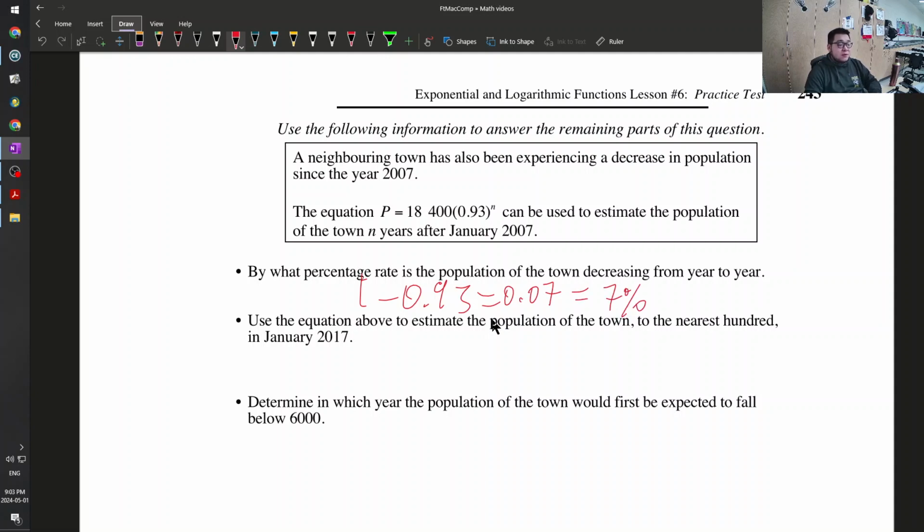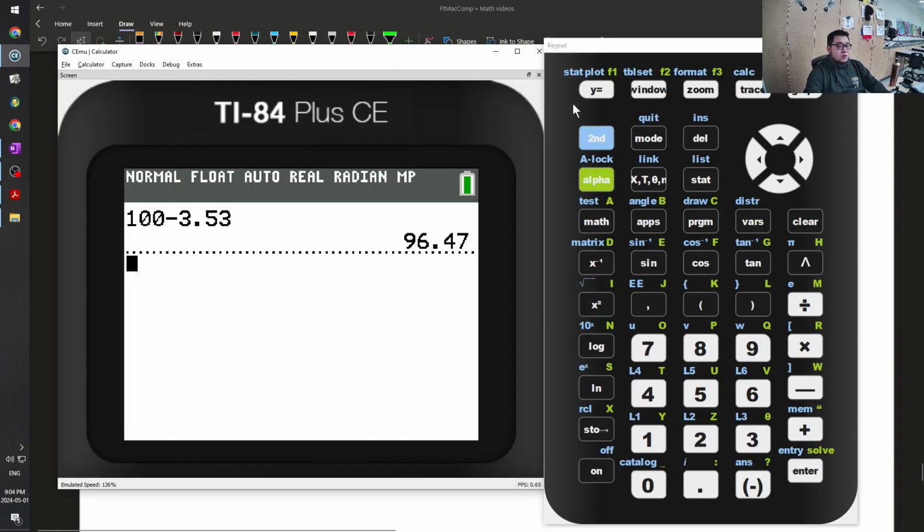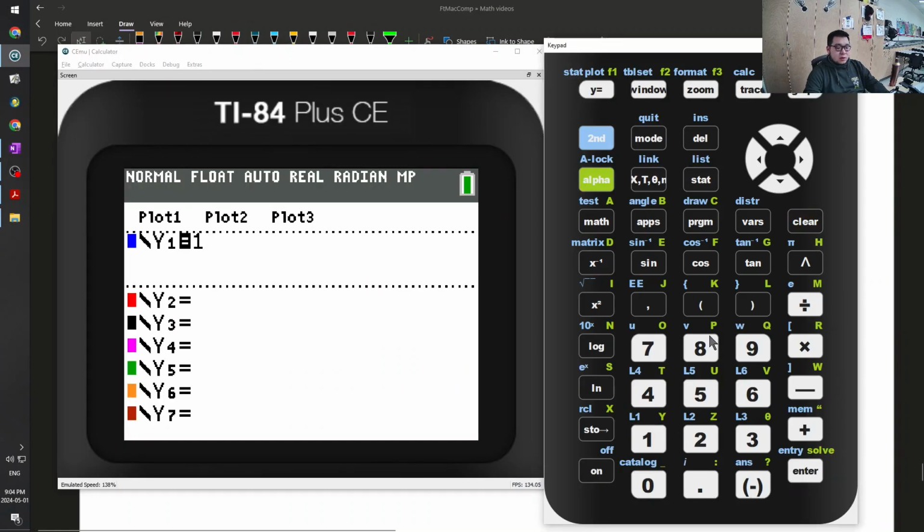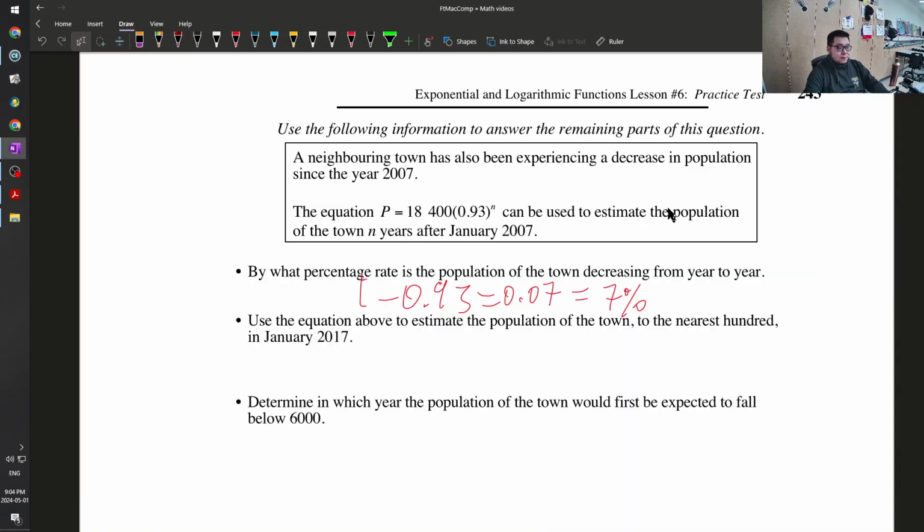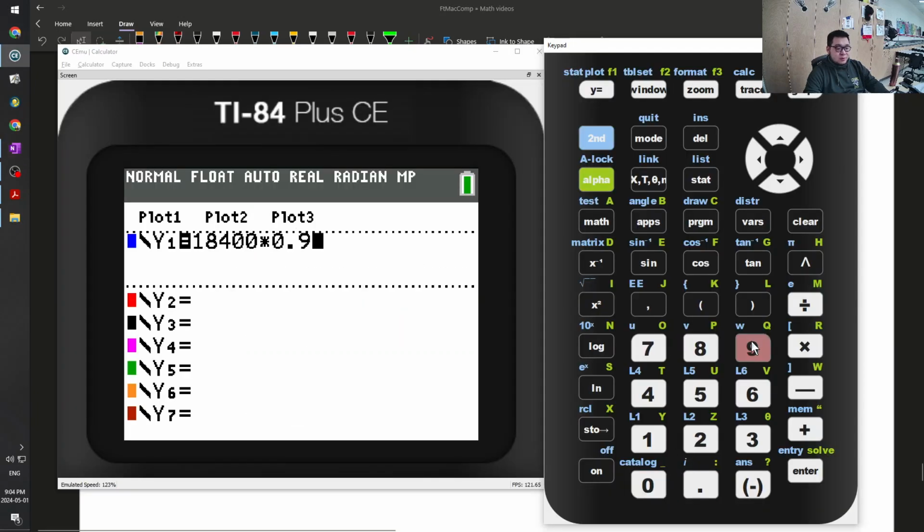Use the above to estimate the population of the town to the nearest hundredth in 2017. So you know what? We'll just graph this because I think it's the easiest. 18400 times 0.93 to the power of x.